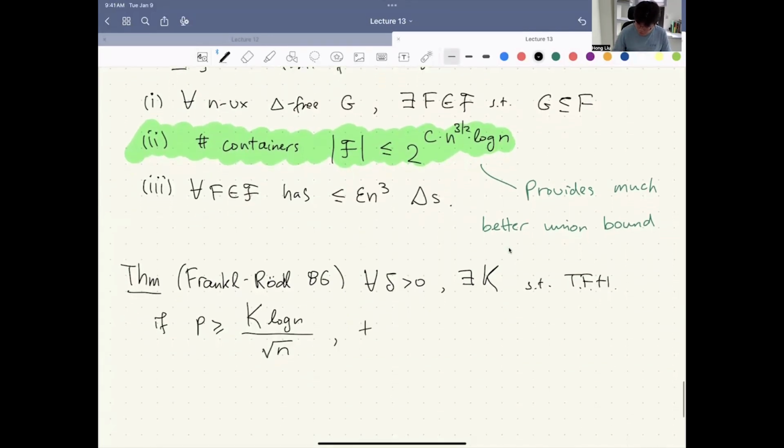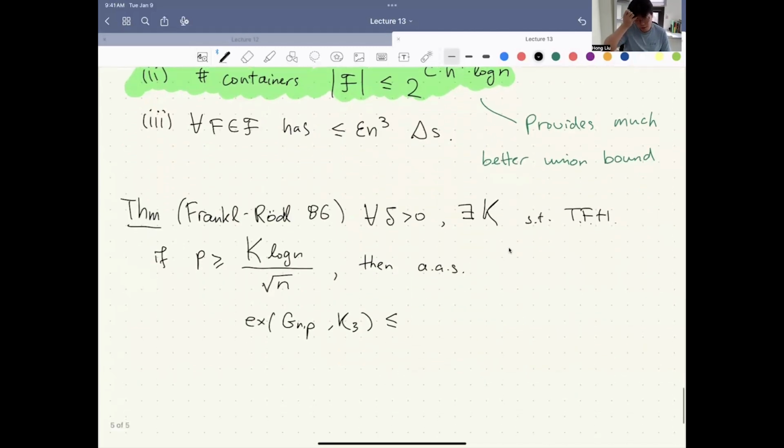then asymptotically almost surely, the extremal number of the triangle with respect to G(n,p) is at most p times the extremal number of K3.